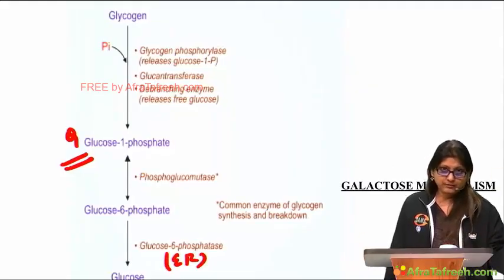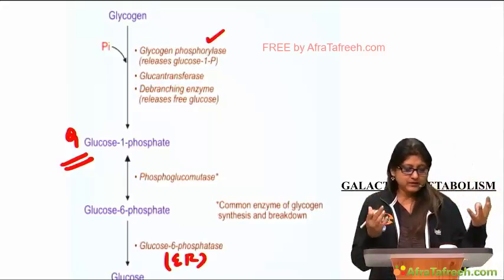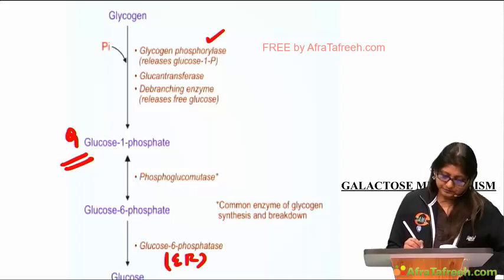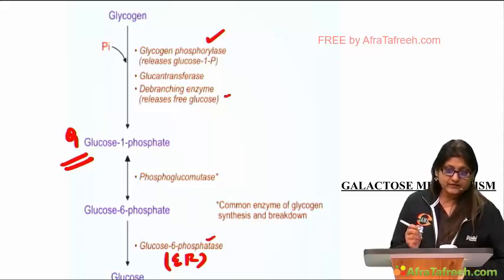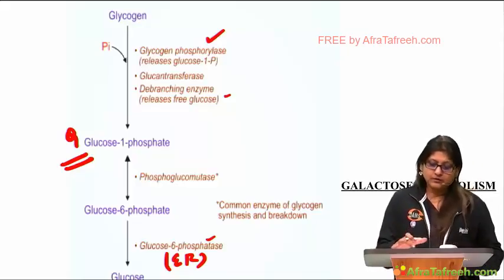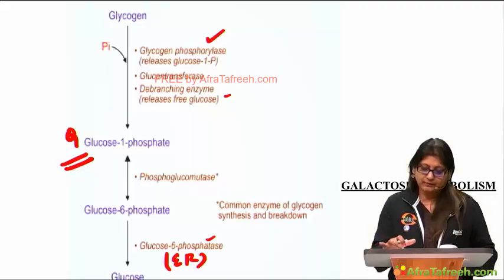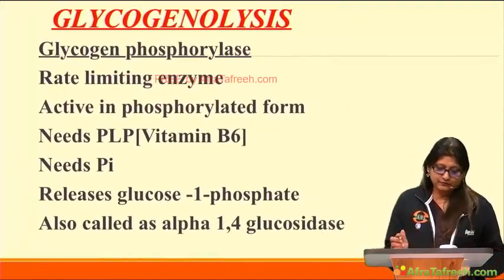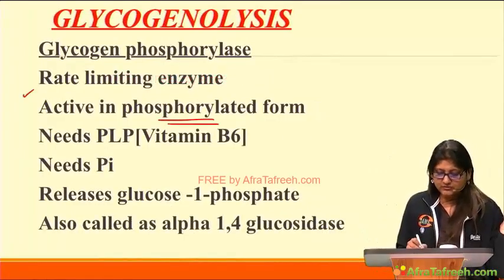You need to remember the phosphorylase enzyme, which is the rate limiting enzyme of glycogen breakdown. You have got debranching activity. You have got glucose 6-phosphatase activity. All these enzymes are needed for breakdown of glycogen. So it is there in the workbook, and make certain notes in the workbook like these: glycogen phosphorylase acting as a rate limiting enzyme, and this is active in the phosphorylated form.